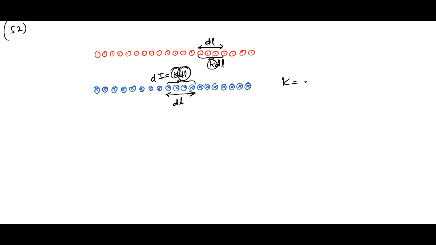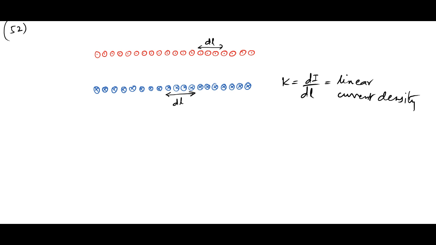Now k would then be dI by dl, and that's nothing but the linear current density which we talked about a few minutes ago. So the linear current density is the same in both the planes, and of course the planes are parallel to each other. The only difference is that in the upper plane the current is coming towards you, in the lower plane it is going away from you.